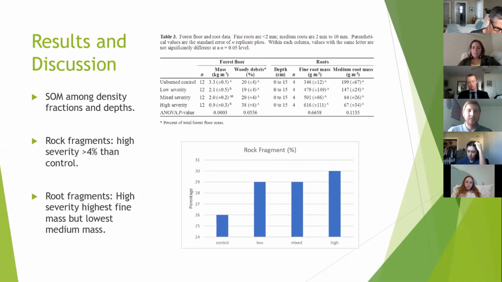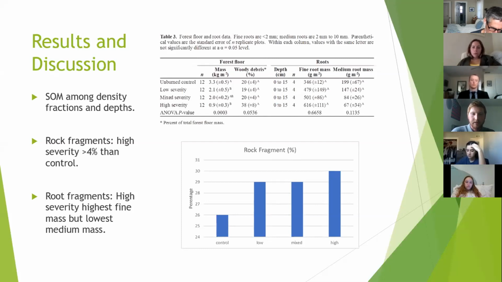As for the root graph, while looking at this root table, you can see that forest floor measurements were significantly reduced in all burn stands, and the reductions were highest in high severity burn areas.